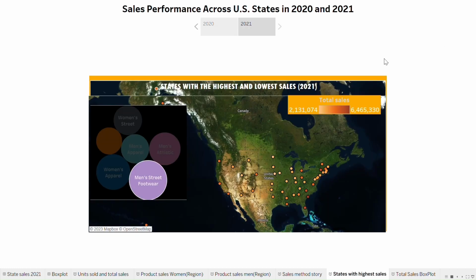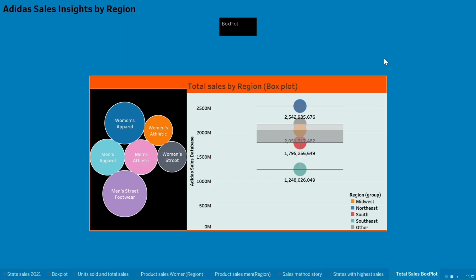So the final thing I'll discuss is the Adidas sales insights by region using the box plot. The box plot reveals a clear winner. That's the Northwest region with a whopping 2.5 million in sales.